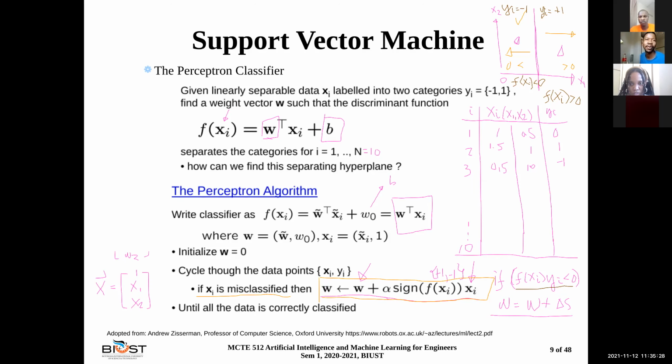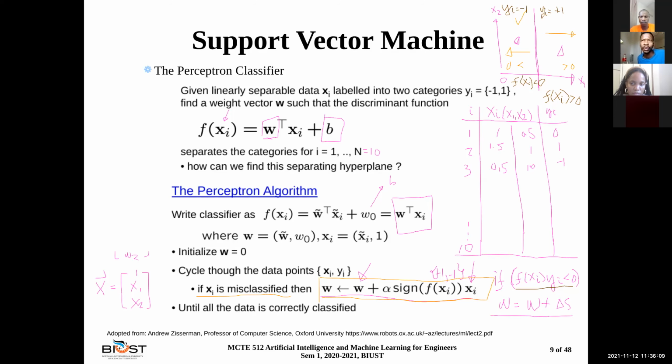If they're correctly classified, then f of xi and yi have the same sign. And if they have the same sign, when you multiply them, you have a positive number. But if they have different signs, then you have a negative number, a number which is less than 0.